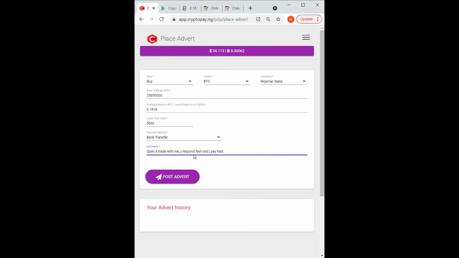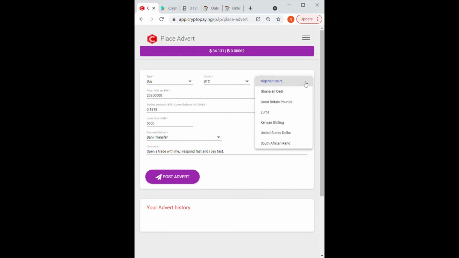So to go over it one more time, buy type is buy, which means you want to buy bitcoins from your users on the website. The crypto amount, the crypto is the cryptocurrency, Bitcoin, and this is the currency. These are the countries that we support right now.